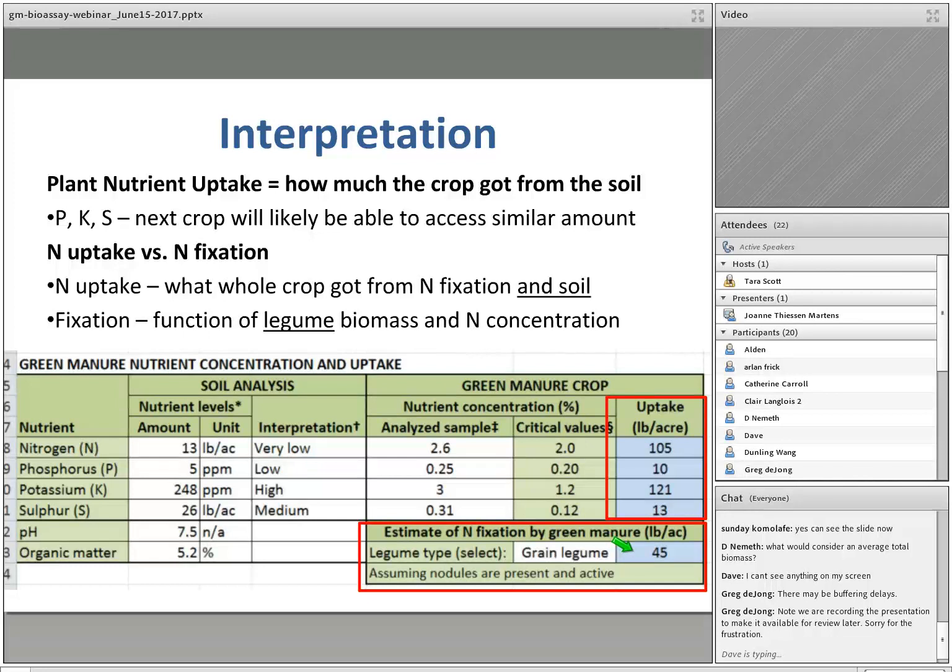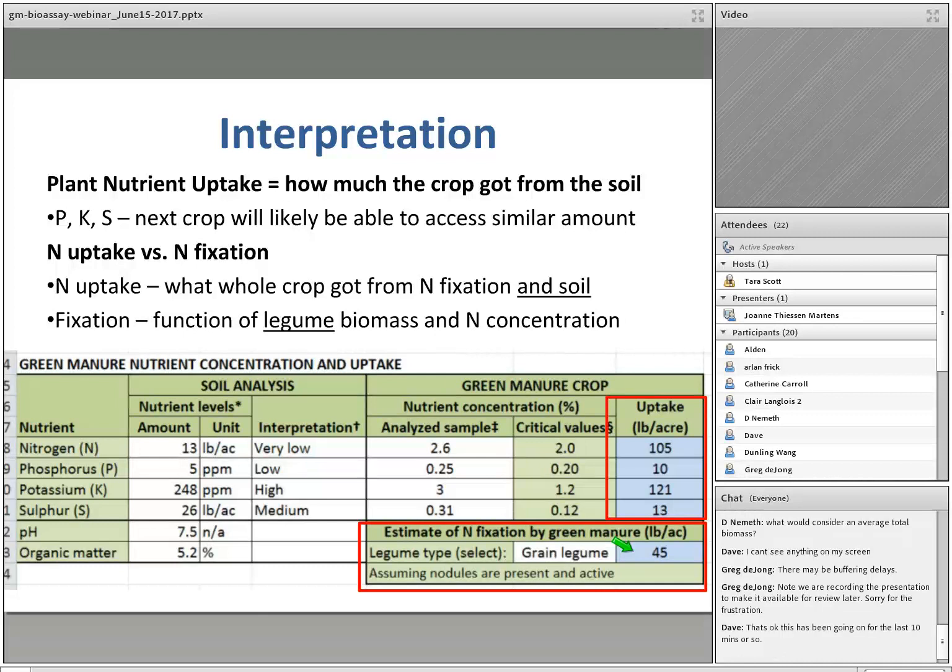So you'll see for this one it's only 45 pounds per acre. In this example, the legume was, I think, a little less than 50% of the total biomass, and that accounts for the fairly large difference between the nitrogen uptake and the nitrogen fixation.